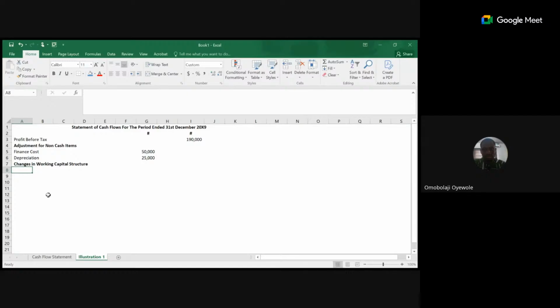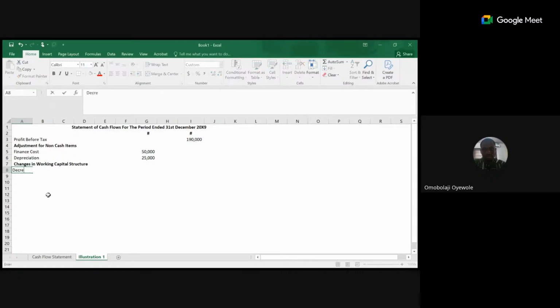So it means that receivable reduced. A decrease in trade receivable represents an inflow.